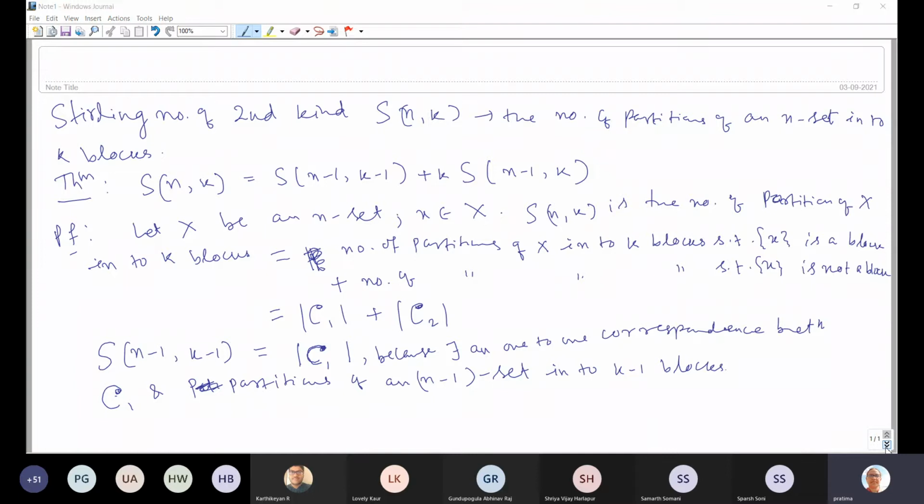Students, do you understand this correspondence? Can you explain? That is why I am asking whether you have understood or not. Okay, let me go to the next page.